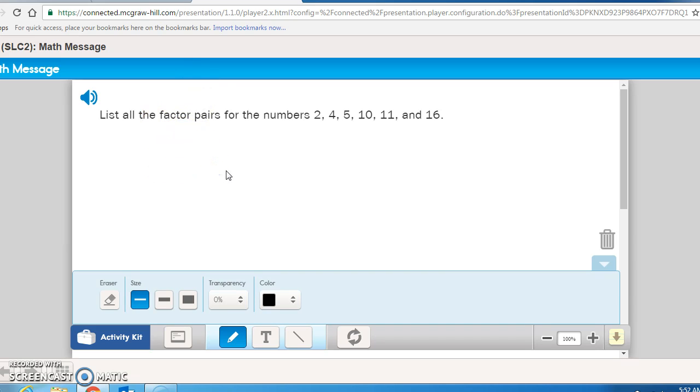For the number 4, 1 and 4, because 1 times 4 is 4, and 2 and 2, because 2 times 2 is 4.